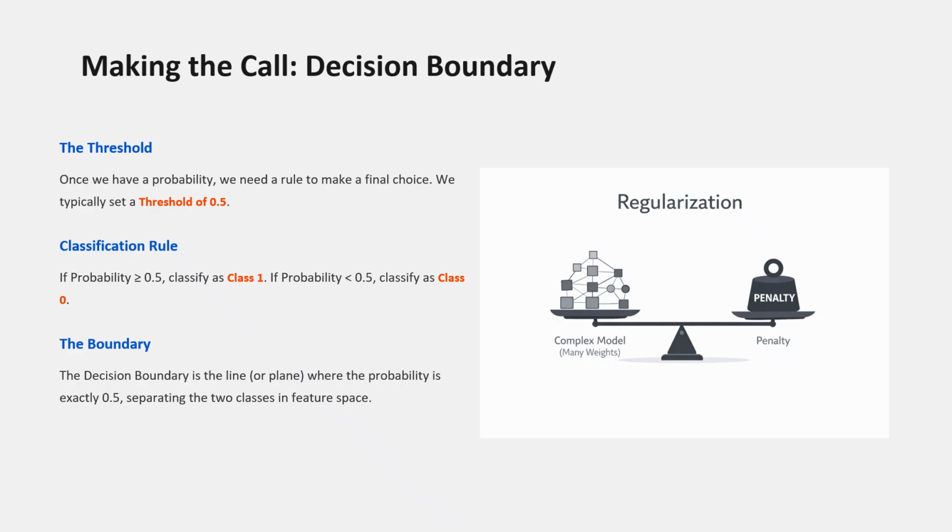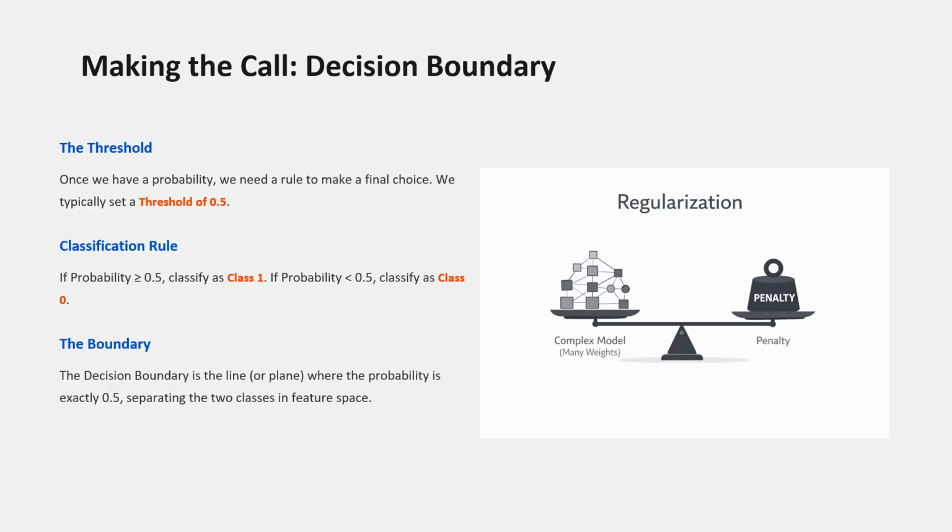If the probability is 0.5 or higher, we classify it as one thing, otherwise it's the other thing. This threshold creates a line or plane in our data, which is our decision boundary. It's the point where our model switches its prediction. And this boundary is very crucial for understanding how our model separates different classes.